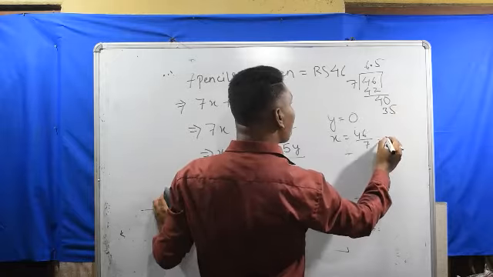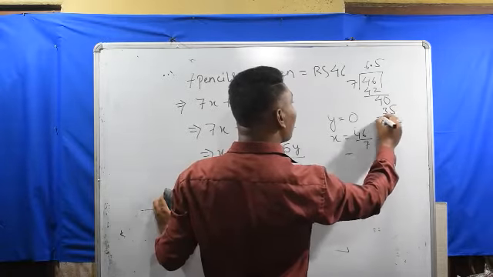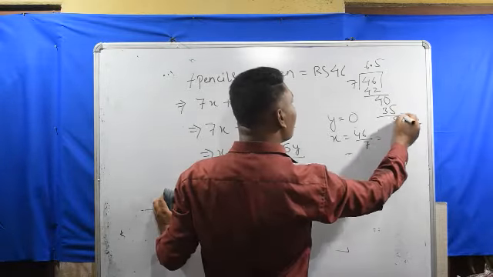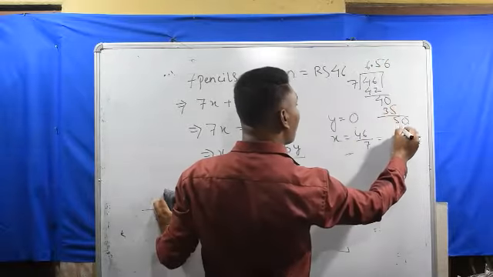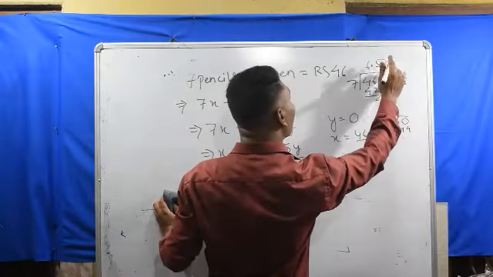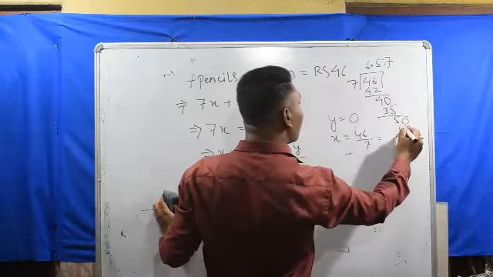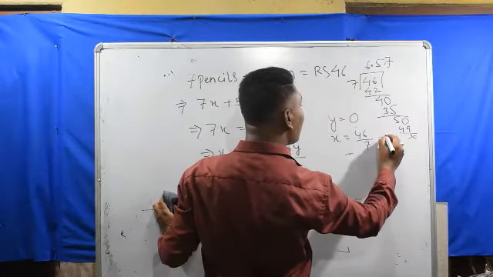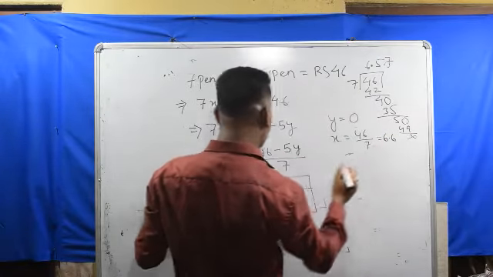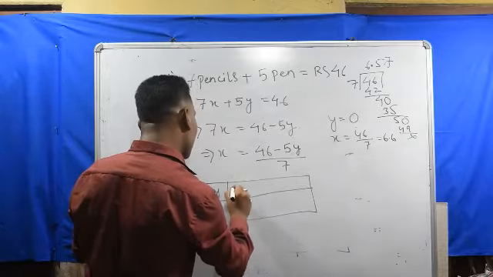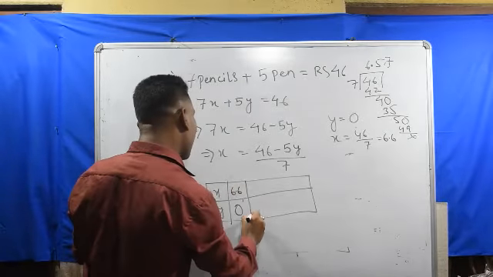So it is approximately 6.5 left, 0.06 49. Sorry, 749. So it is approximately 6.6. You can write, if y is 0, x is approximately 6.6.